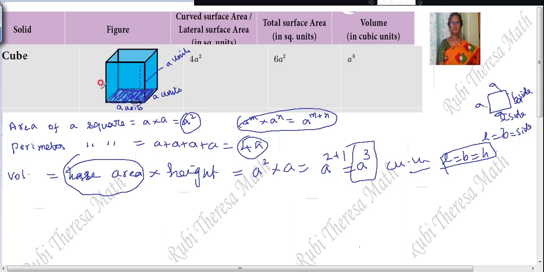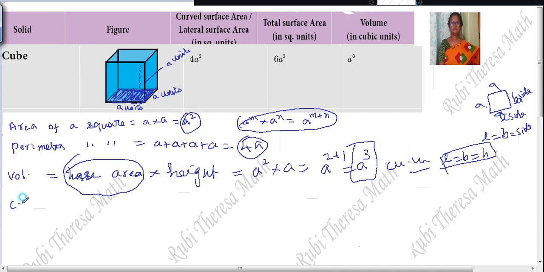Next one is curved surface area. How many squares will you get? 1, 2, 3, 4. Totally 6, I said. For the top and bottom there are 2, then the remaining squares are 4.